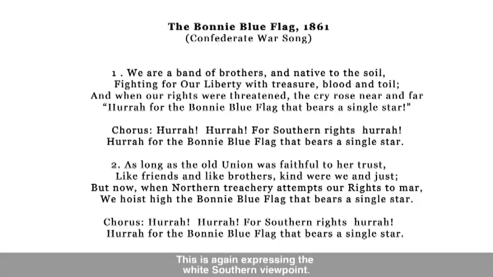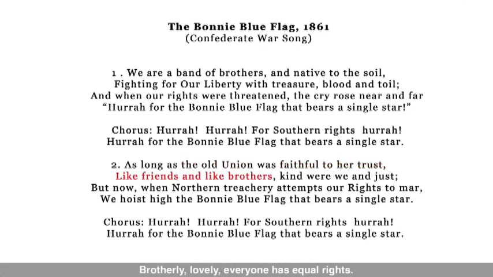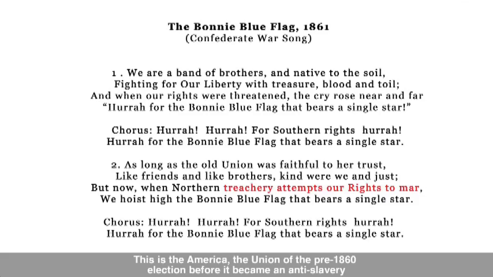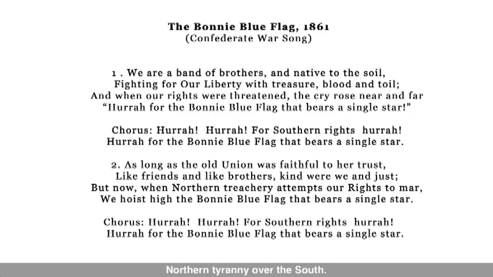This is again expressing the white Southern viewpoint. You know, the old Union, they seem to be saying, was fine. Brotherly, lovely, everyone has equal rights. This is the America, the Union of the pre-1860 election, before it became an anti-slavery Northern tyranny over the South.